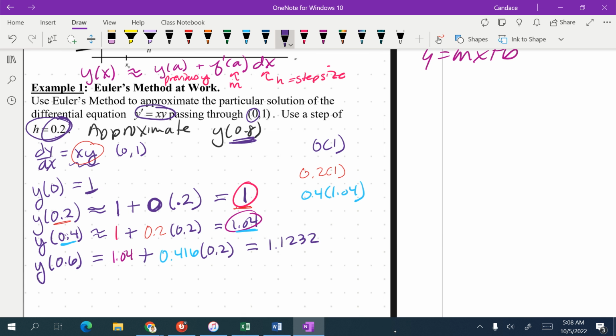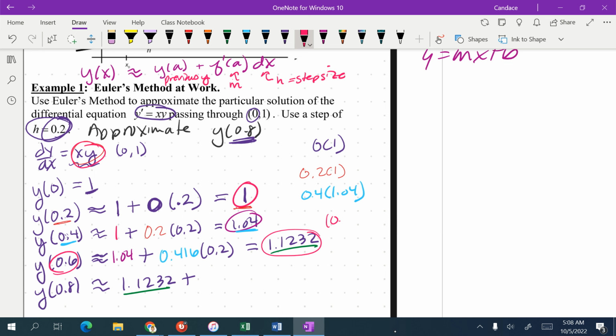Almost there. I wrote it equals, but I should have written approximately. So y of 0.8 is approximately, I go to my previous y value, 1.1232. Plus, then I multiply my point for my dy dx, plugging into here.